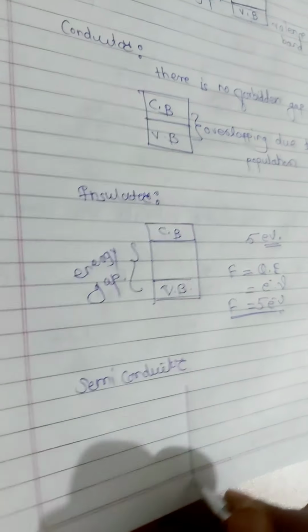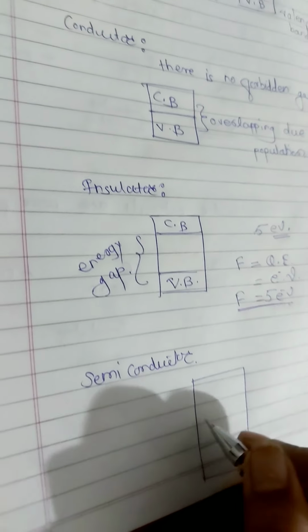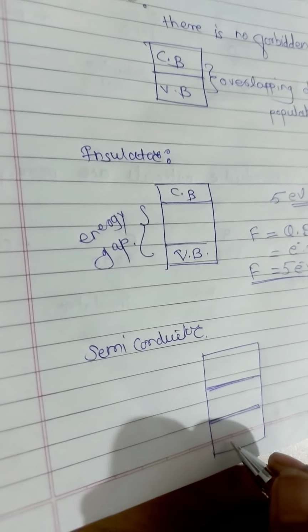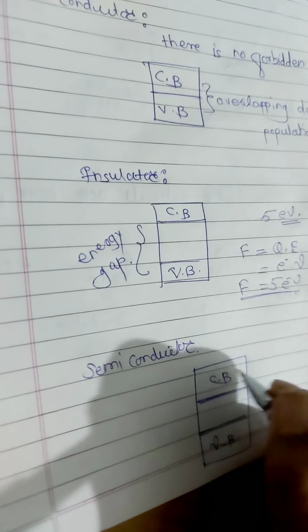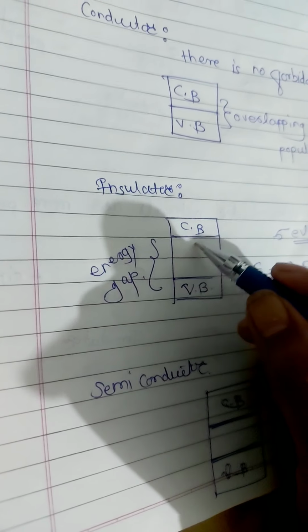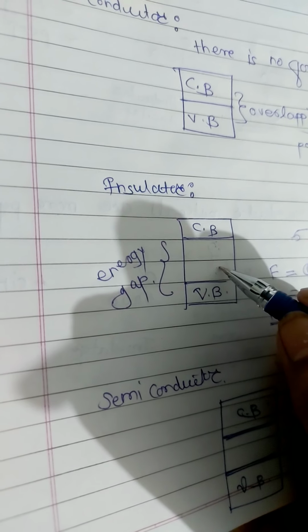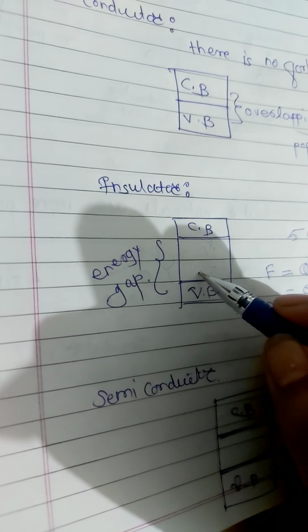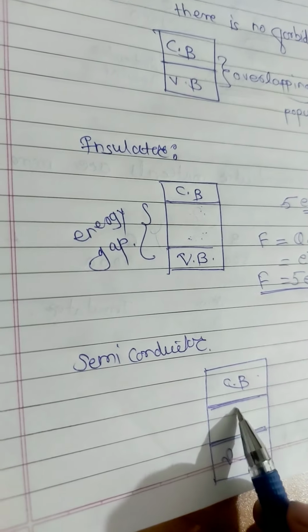So it has a forbidden gap present here, but only in a limited quantity. Here you can see I have given two spaces because I want to denote that here more energy gap is required, here no energy gap is required, and here I have taken 1.5.